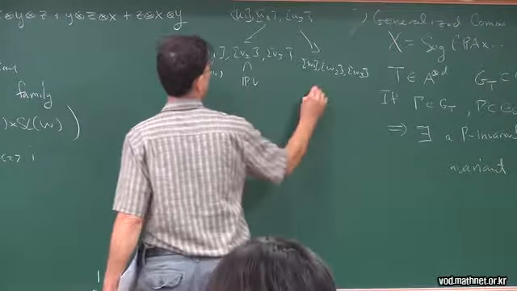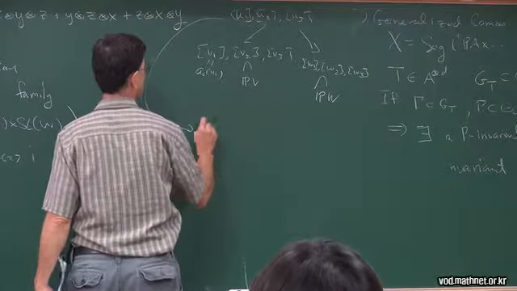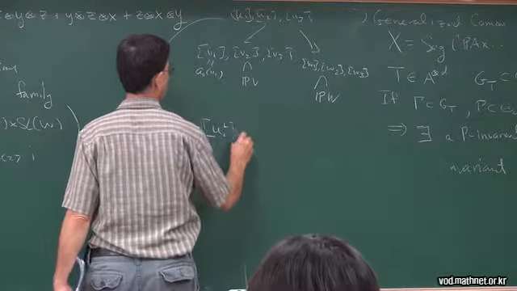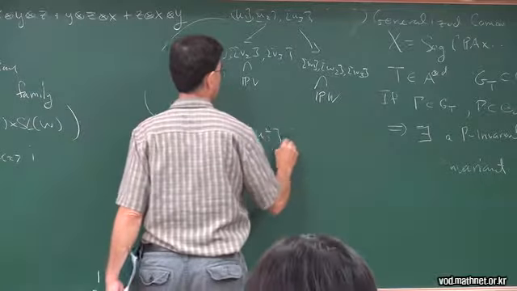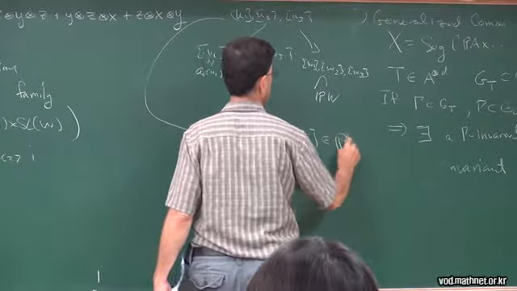But also, a point in P1 determines a unique hyperplane in the dual P1, but a hyperplane in P1 is a point. So it also determines points U1 perp, U2 perp, U3 perp in PU dual. And similarly, we have points in PV dual and PW dual. So we have a collection of 18 points.